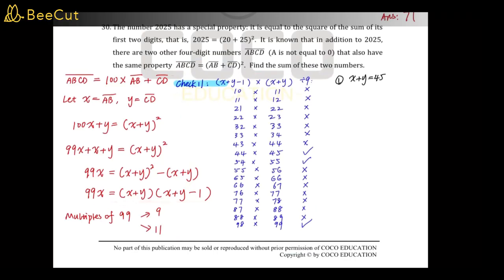This 99 times X equals 45 times 44. From there, we can find X. X is 20. So this is the number 2025. X is 20, Y is 25.